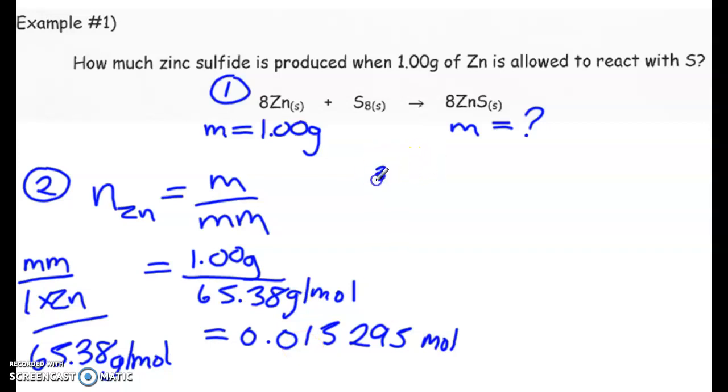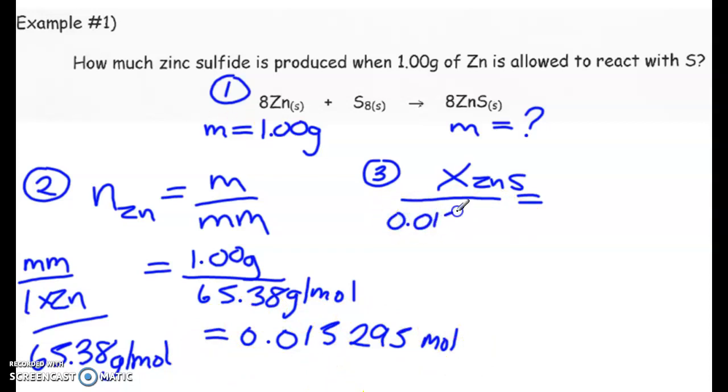Okay, so number 3. So step 3 is we're setting up our mole ratio. So X is what we want to solve for. We want to solve for zinc sulfide. The value that goes underneath here is what we have the moles of currently, which in this case is zinc.